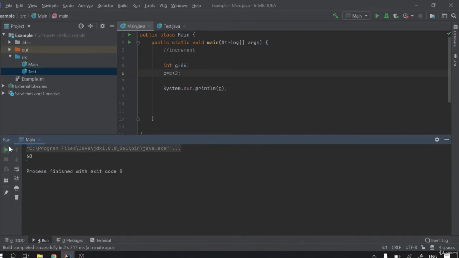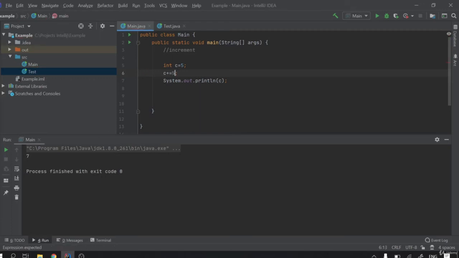And here, let's see what is going to happen. I wrote this, 68. Let's write, for example, 5. Let's run this again. It's going to be 7, and it became 7. Let's change this and write c plus equals 2 and a semicolon.